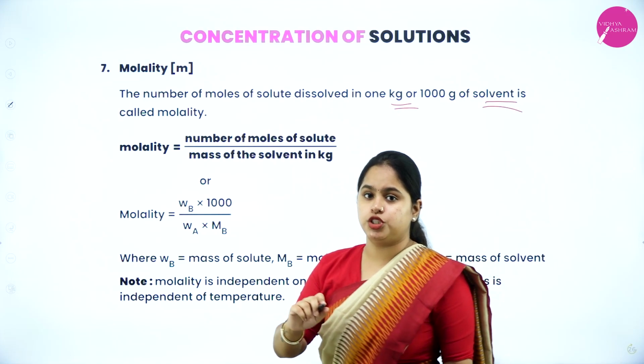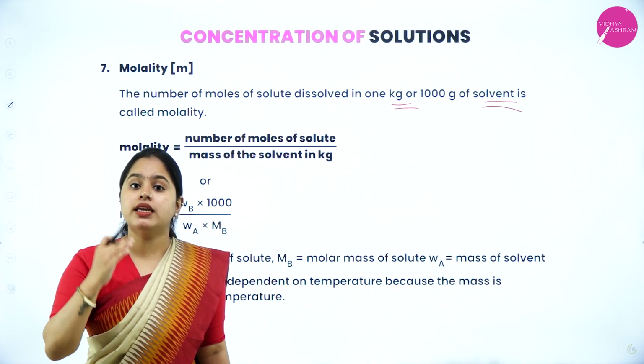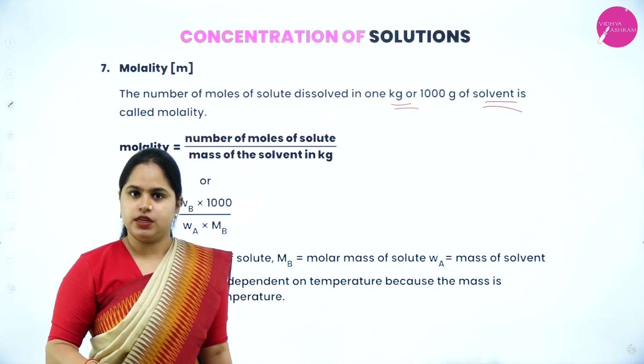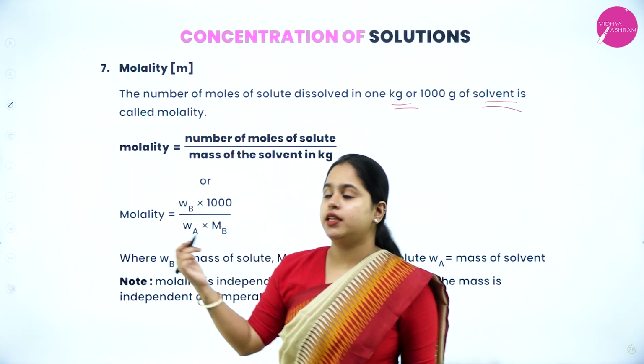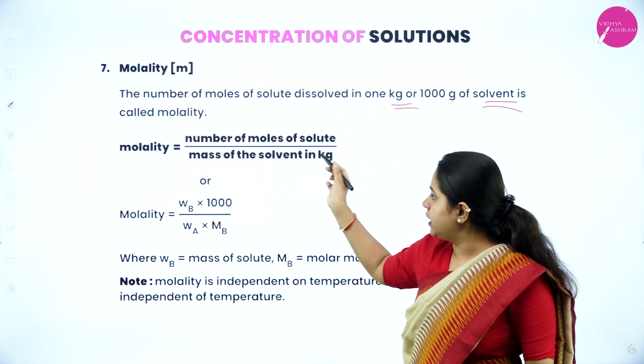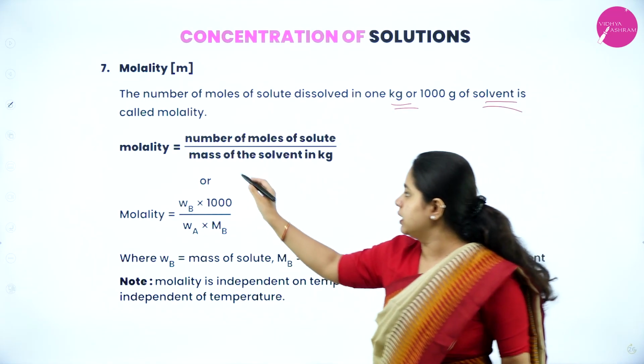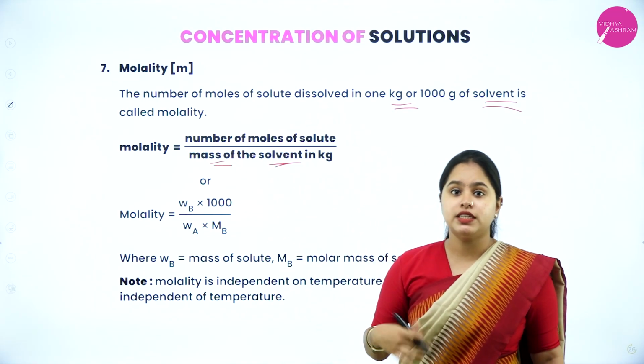Not solution. It is the number of moles of solute dissolved in 1 kilogram of solvent. Clear? So how do I write the equation? Molality will be equal to number of moles of solute divided by the mass of the solvent in kilogram. It's not volume here. It is mass of the solvent in kilogram.